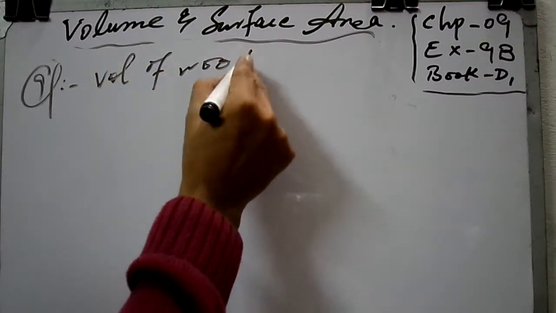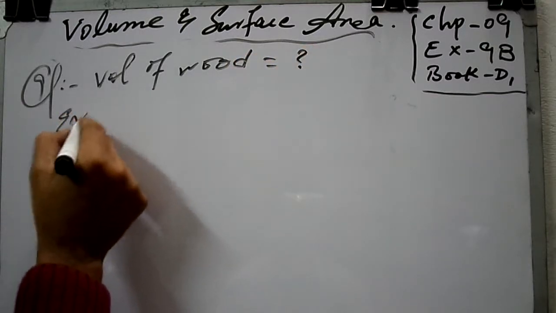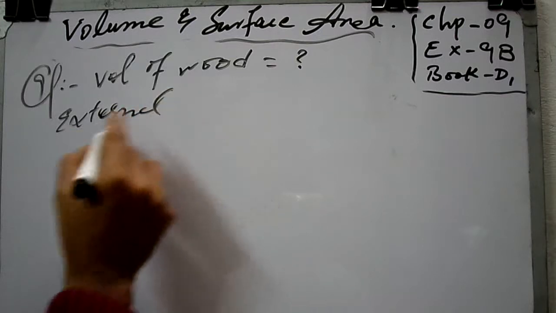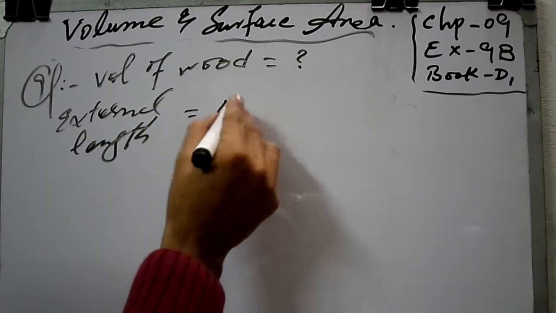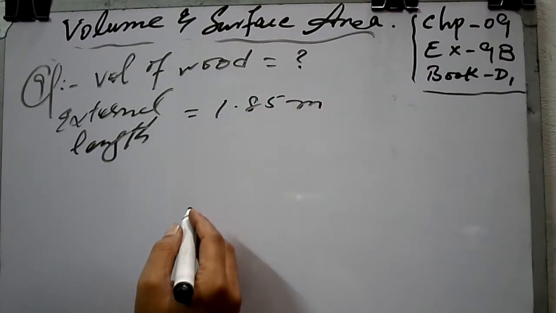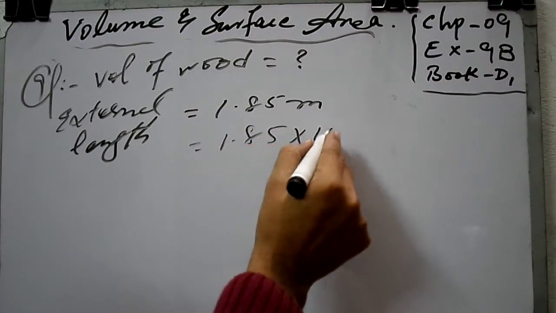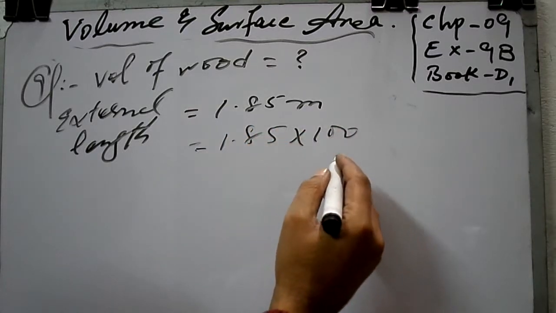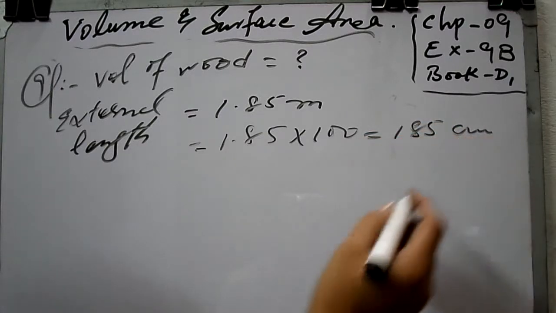Volume of wood, we have to find. So external length is equal to 1.85 meter. You have to multiply it by 100 to get centimeters, so that is 185 centimeter.